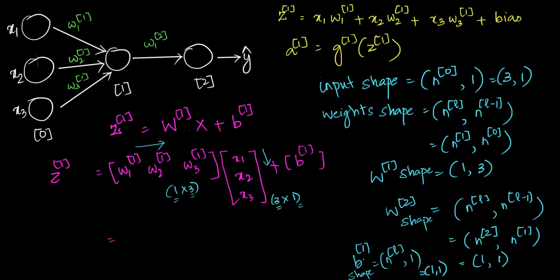So the first weight, W1 of 1, is multiplied with X1, plus W2 of 1 is multiplied with X2, plus W3 of 1 is multiplied with X3, and finally we have our bias here, which is b of 1. This is what we call z of 1.